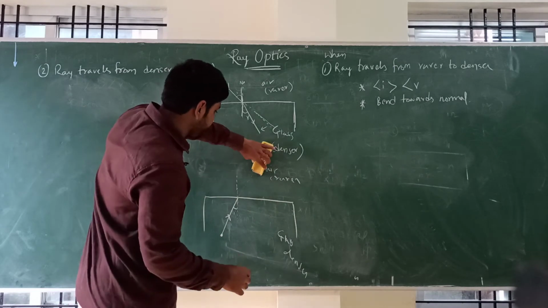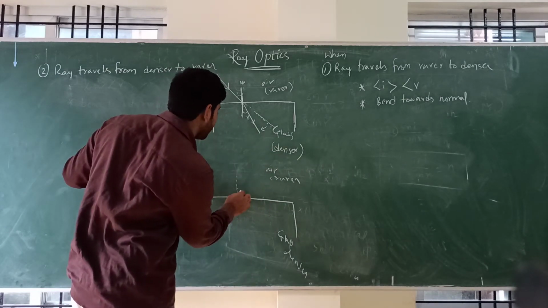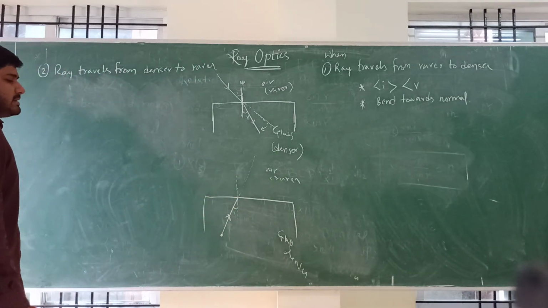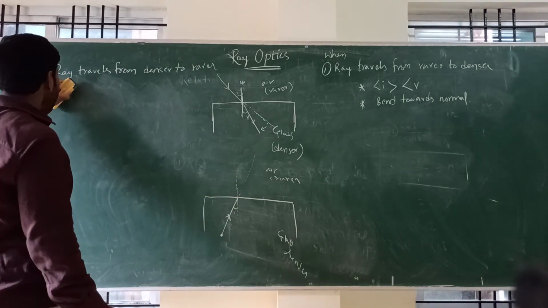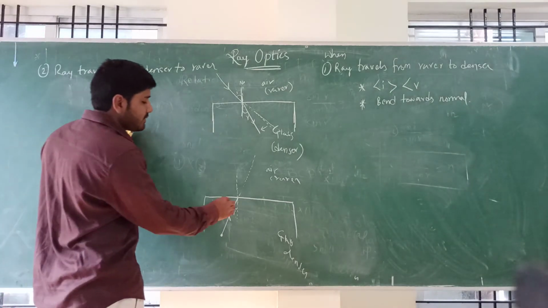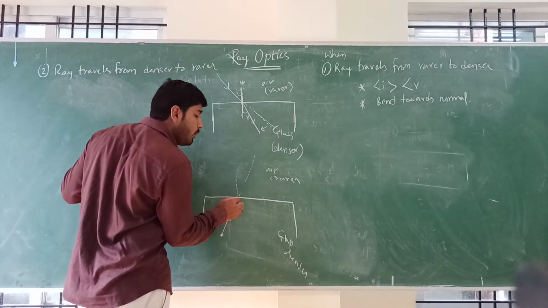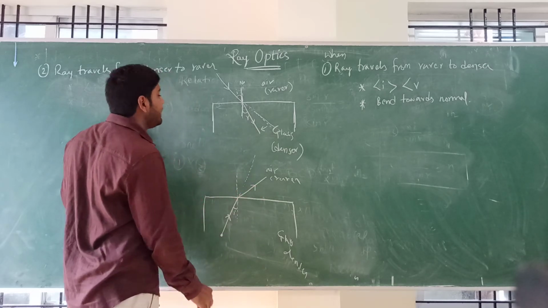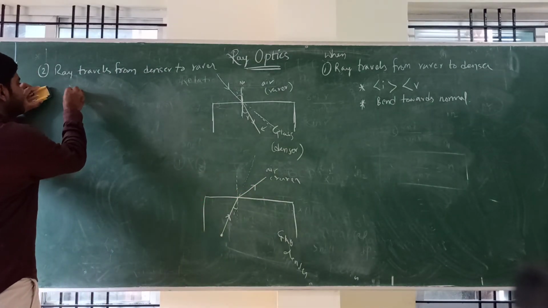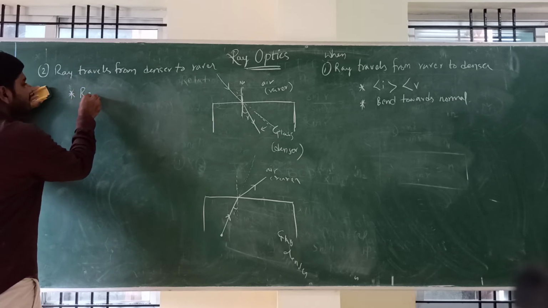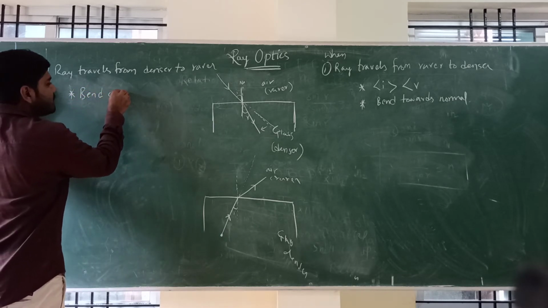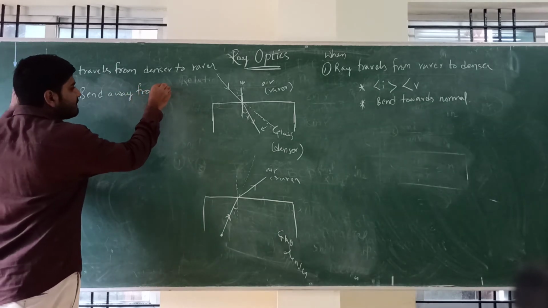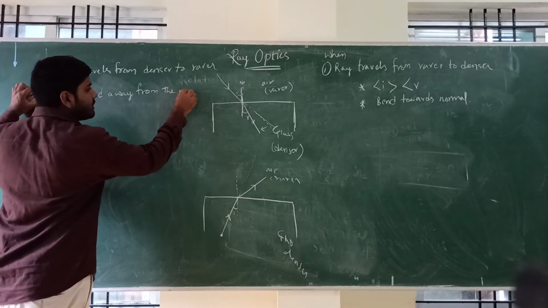So the actual path of this ray is like this. But when the ray is traveling from denser to rarer medium, it will go away from the normal. So it will go like this. And in this case, it will bend away from the normal.